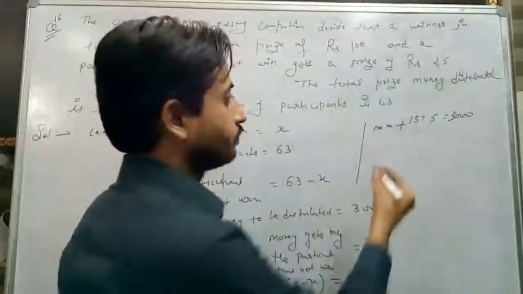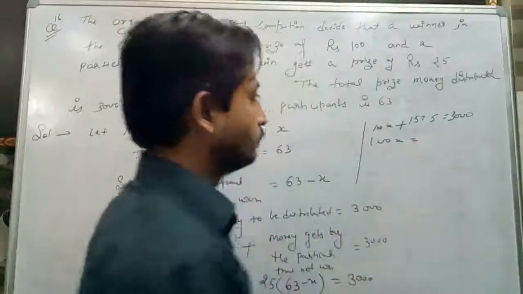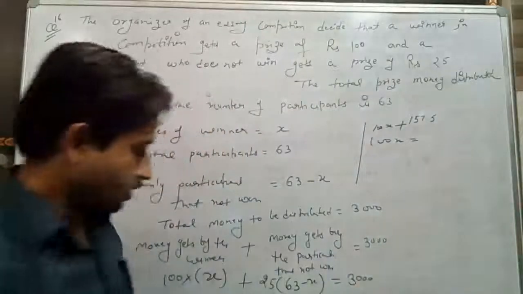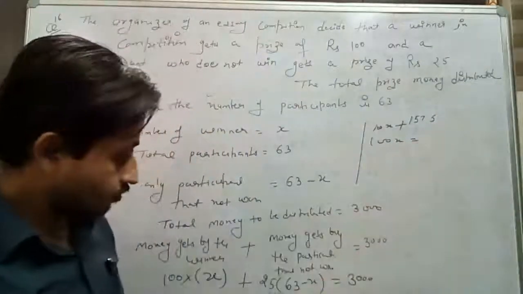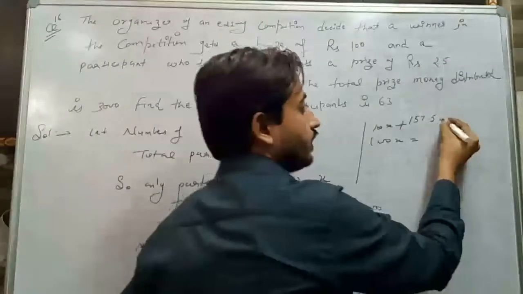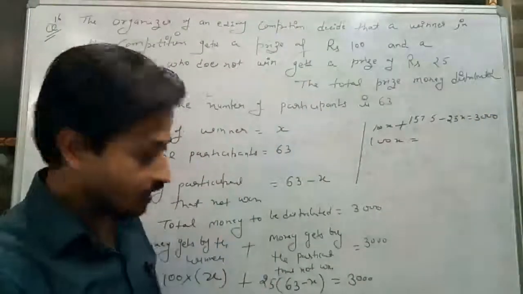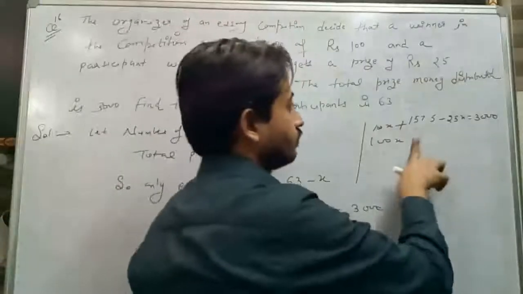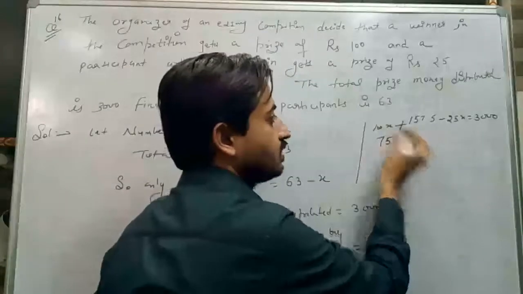Now solve this. 100x plus 25 into 63, which is 1575. Now 25 into x, we get minus 25x, which is equal to 3000. Multiply 25 into 63, then minus 25 into x. Now solve this. 100x minus 25x is equal to 75x.